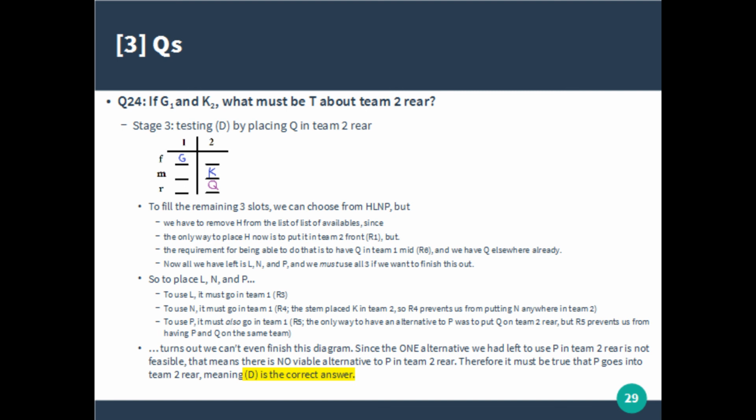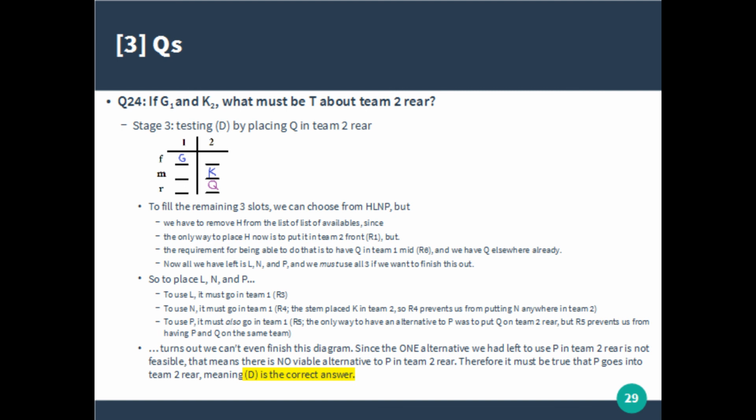So to fill in the remaining 3 slots, the letters that we have left are H, L, N, and P. But we have to remove H from the list of available, since the only way to place H in Team 2, according to Rule 1, is to put it in the front of Team 2. But the requirement for being able to use H in that manner on Team 2 is to have Q in the middle of Team 1, according to Rule 6.